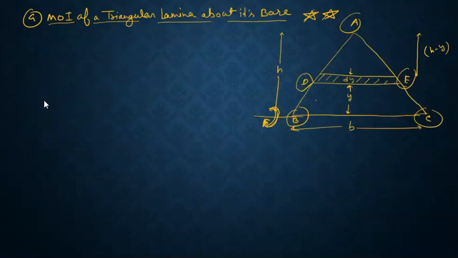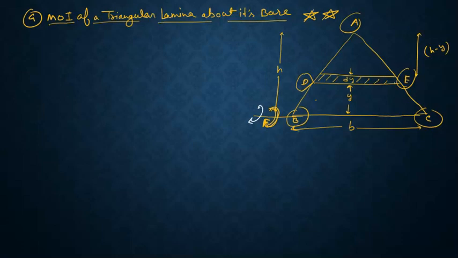So now we will find the moment of inertia of a triangular lamina about its base. Basically in this question we are asked to find the moment of inertia of the triangular lamina with this axis of rotation.